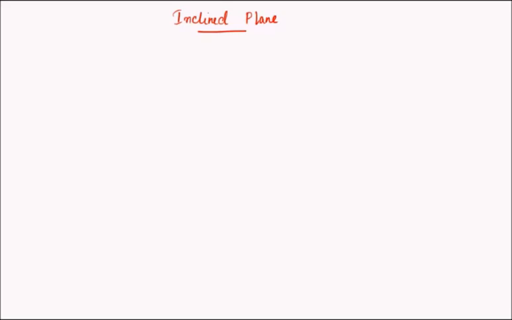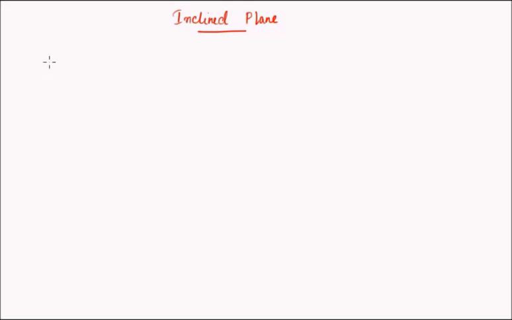That is, the effort required to lift the object to that height through a plank is relatively less compared to if we were trying to lift the load directly vertically upwards into the truck at that height. So this sloped plank, which basically reduces our effort to move an object to a higher level, is termed an inclined plane.